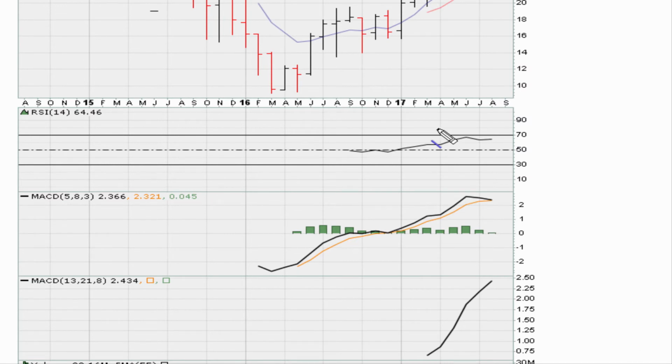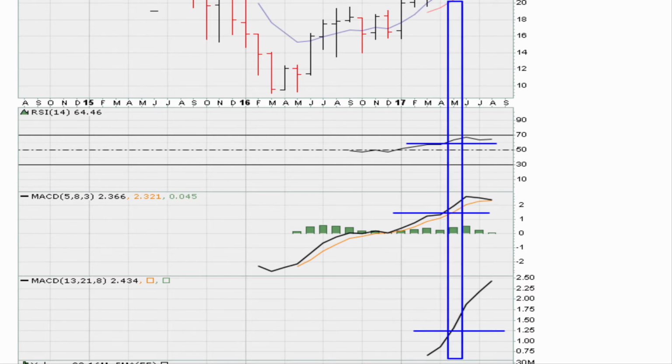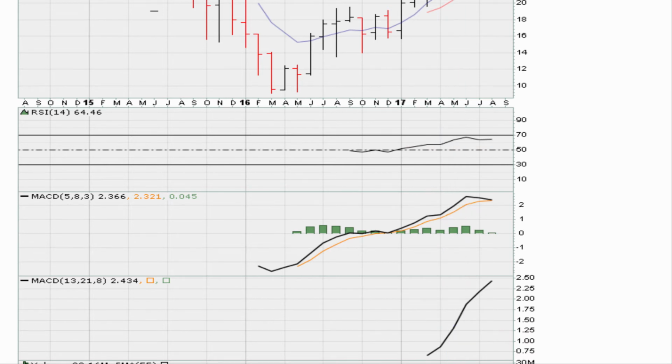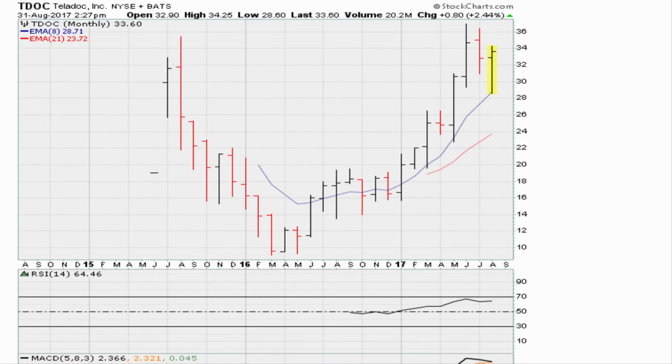So we can see that that breakout corresponded with another breakout of the RSIs and MACDs. So we're talking about this period somewhere there. You can see the MACDs move to all-time highs and coinciding with that price breakout.